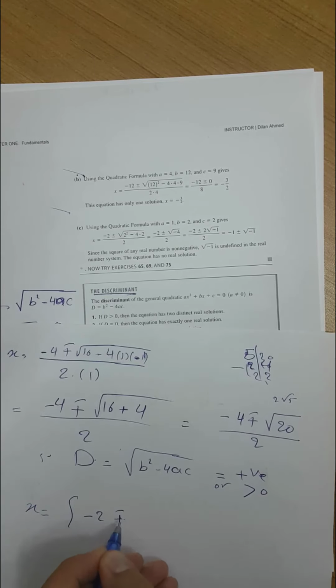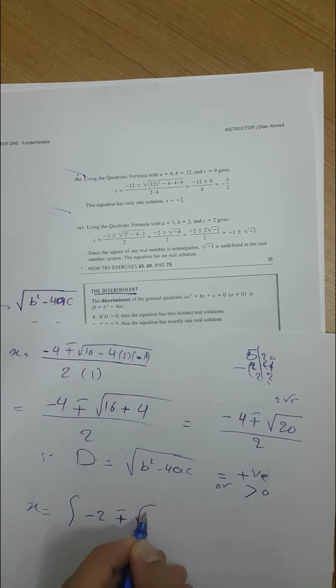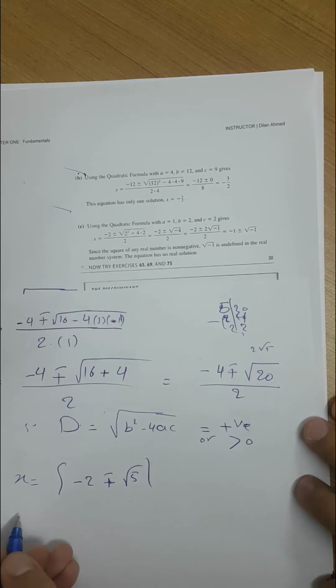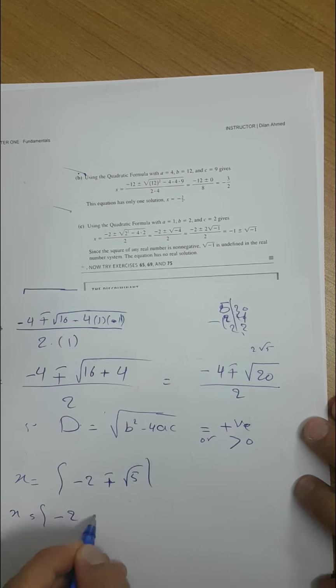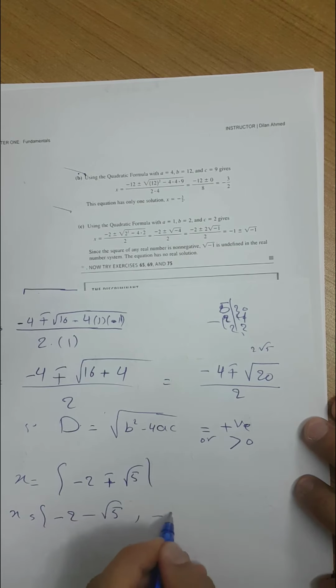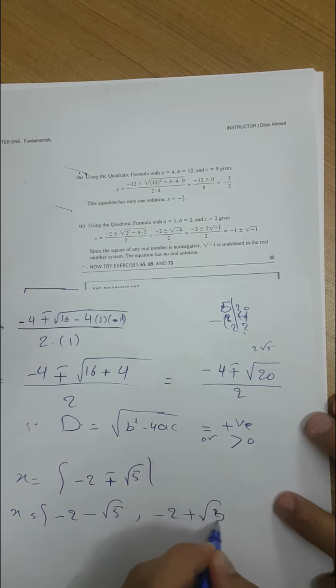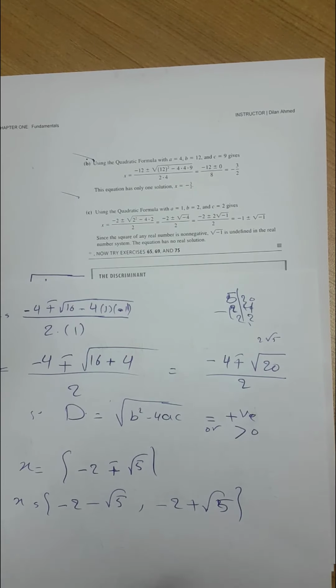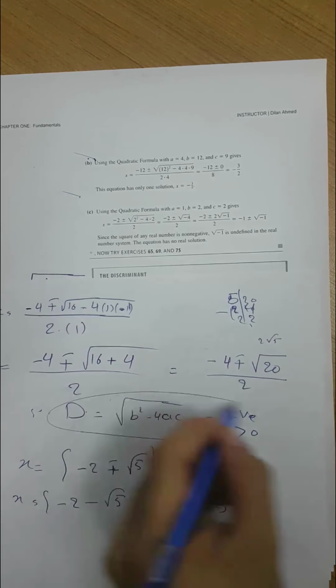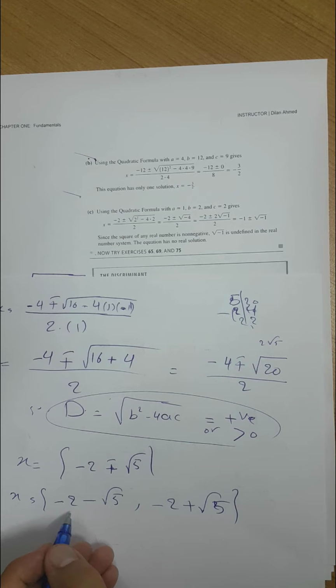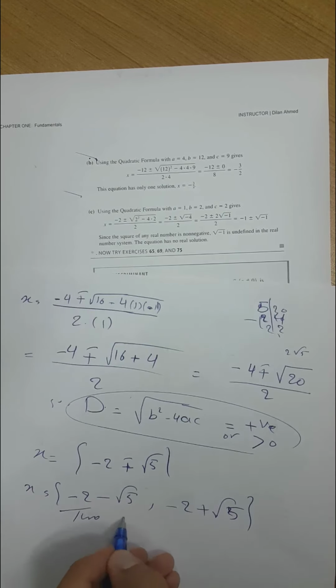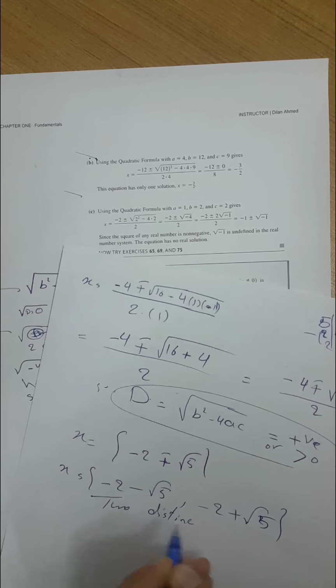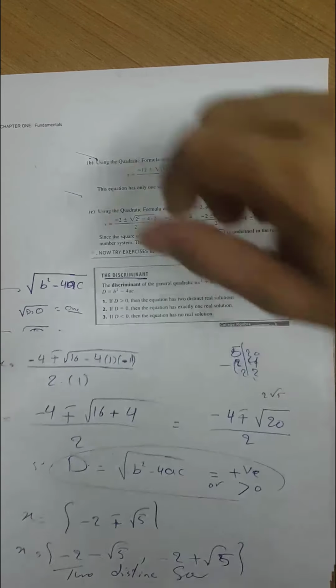So it means that this is your solution. It's equal to minus 2 minus the square root of 5, and minus 2 plus the square root of 5. These are your solutions. Because this one is greater than 0, you can see these are two different, or distinct, solutions. How about if it's equal to 0?